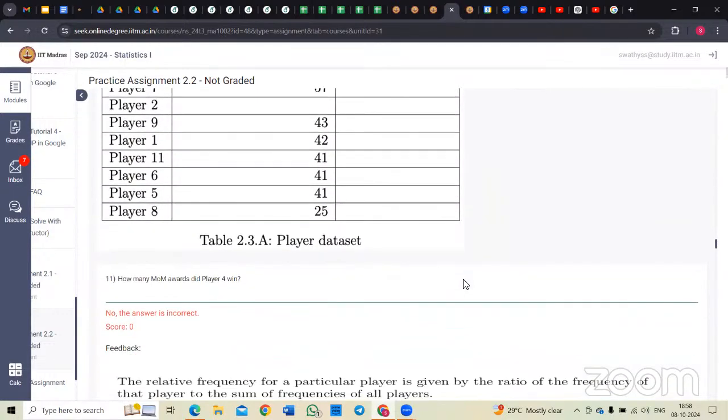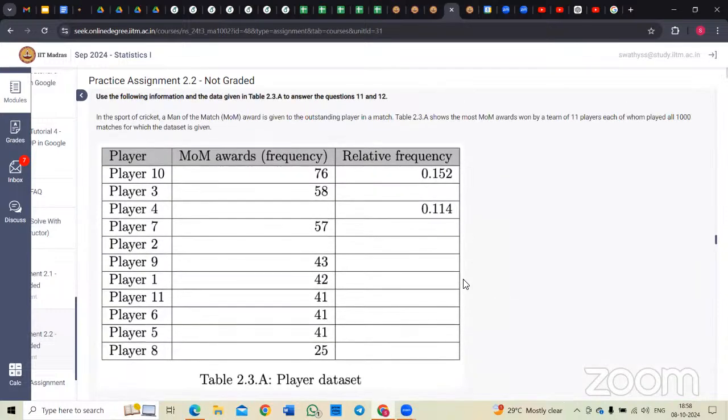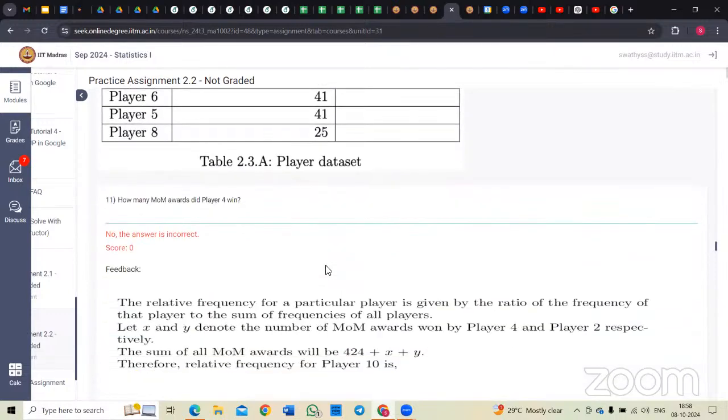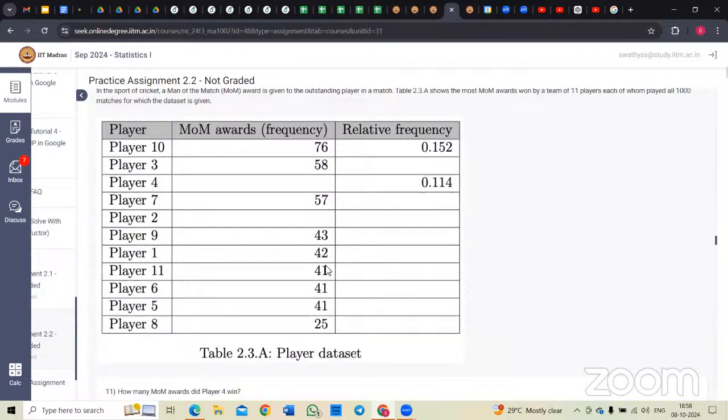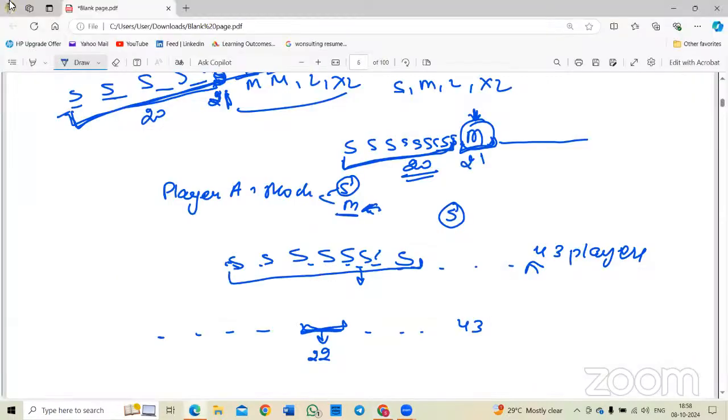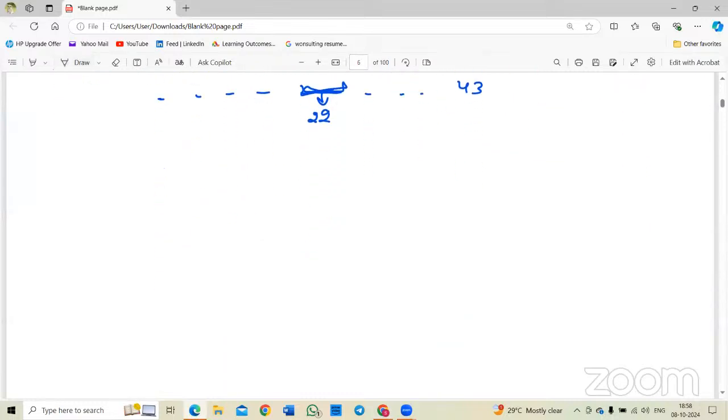How many awards did player hold? First of all, you have to calculate the total frequency. And how will we calculate the total frequency? Frequency divided by relative frequency, right? So simply, first of all, using the first row, just take the first row.